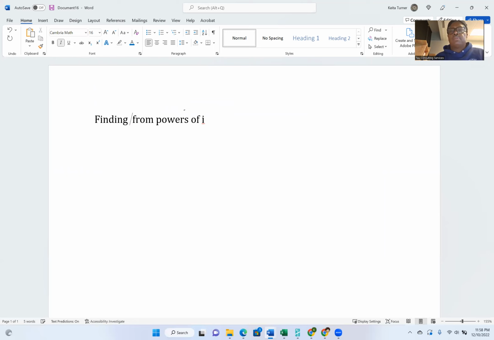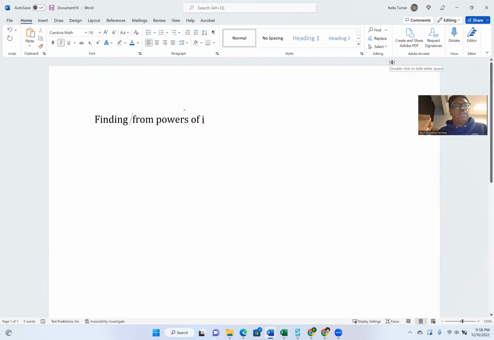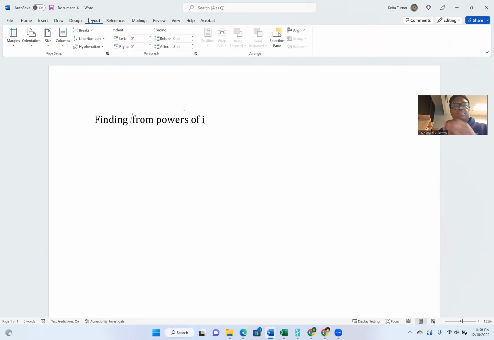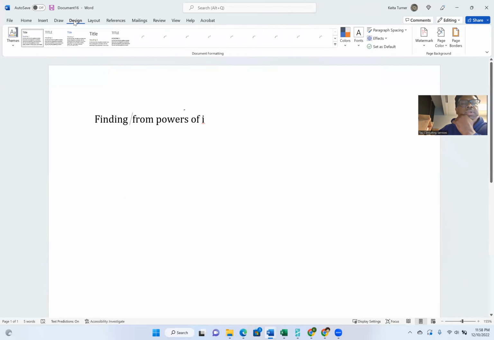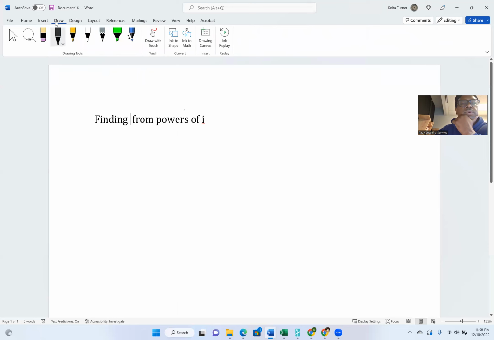All right, let me go to my symbols. Let me get a good symbol here. Maybe I should have done this before, but let me find a symbol. Oh, symbols. It should be in layout. No, no, maybe it's in view. No, design. No, draw. Yeah, here it is. Where are my symbols at though? Interesting.